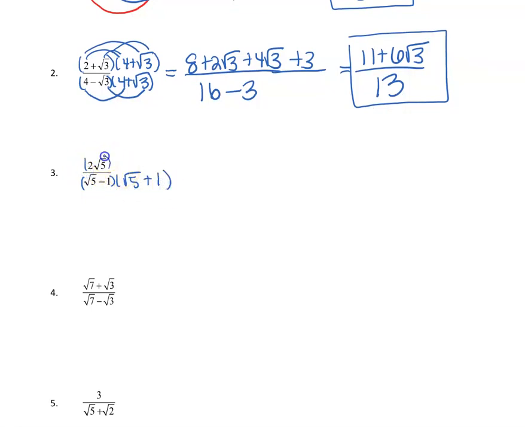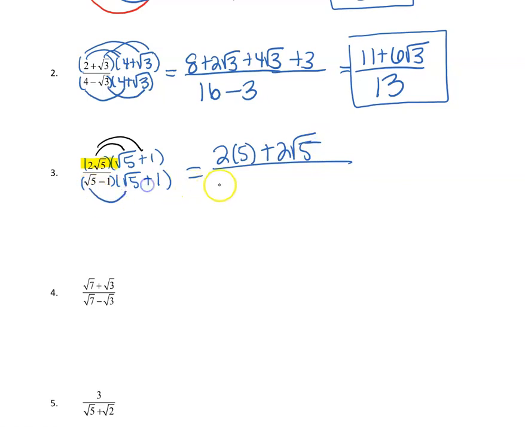Conjugate. Now in that numerator, you're going to take this 2 radical 5 and distribute it to each part of this. So that is 2 times 1, which is 2, radical 5 times radical 5, which is 5. Now times 1, which is just itself.